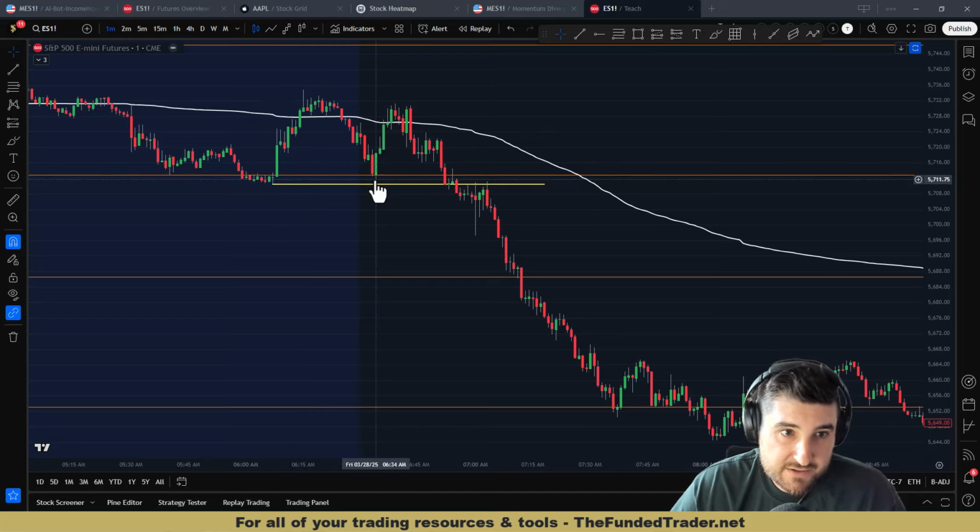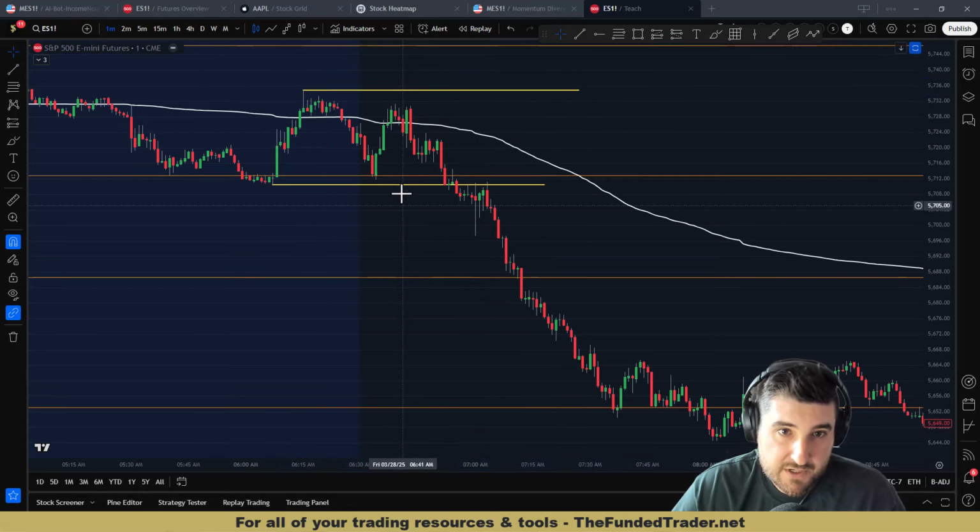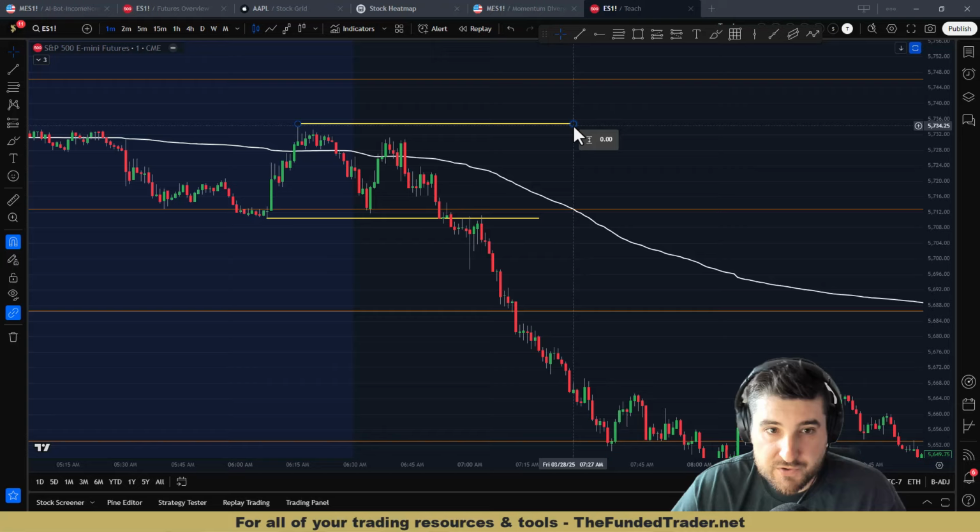We had this pullback up, and we did not shift, and we're starting to go the other way. So now we're kind of in this range. Okay, so we need price to pick a side first before we could start measuring.